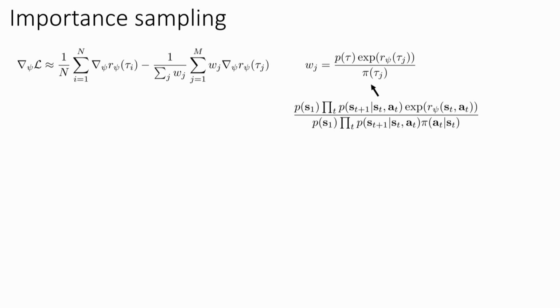When we take the ratio of these big products, most of those probabilities cancel out, because both your current policy and your desired distribution have the same initial state distribution and the same transition probabilities. All that's left is the exponentiated reward divided by the probabilities of the actions. That's very nice because it means we don't have to know the probabilities of the transitions. So our importance weights just become the exponentiated sum of rewards along the trajectory divided by the product of the probabilities of the actions along that trajectory. That denominator can be quite tough to deal with, but at least this gives us a way to get started.